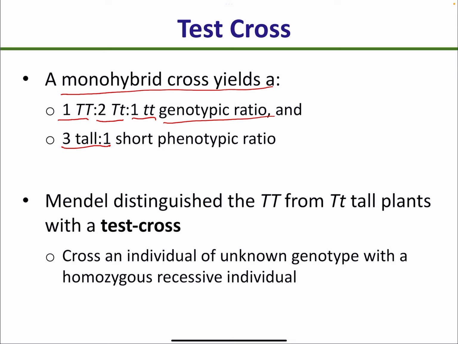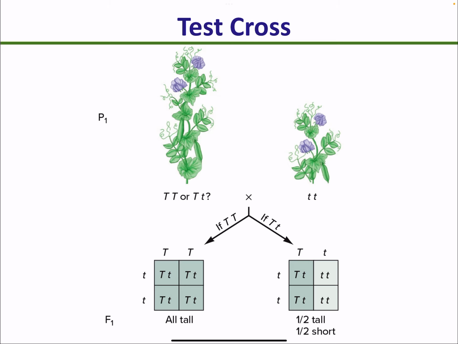Now, with that said, you are going to have a capital T individual, and a capital T, lowercase t individual. You have to tell them apart from offspring and from knowing one of the parents. So here, not knowing one of the parents, how do you go about this?